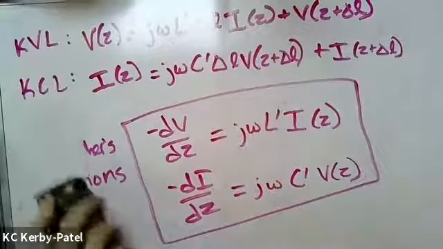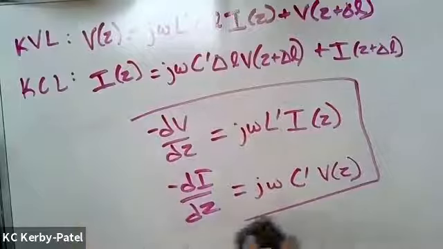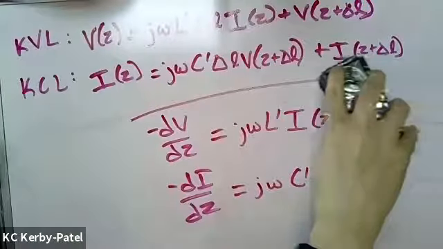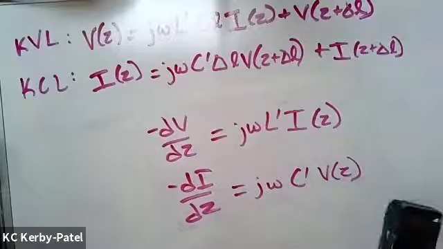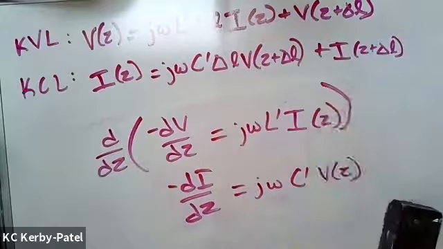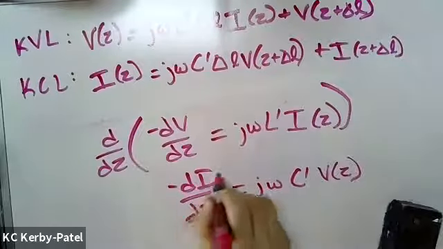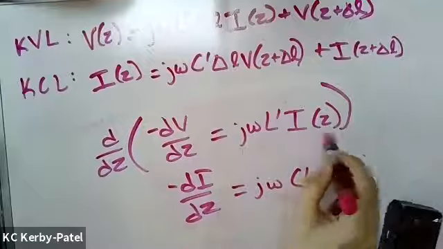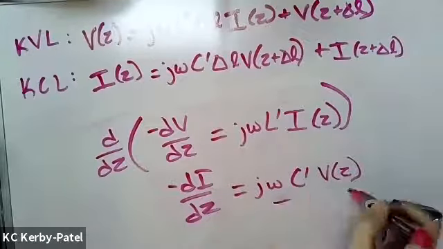So to get a wave equation out of this, here's what we do. Take another z derivative up here, and then we're going to end up with a dI dz over here, and we're going to replace it with this stuff.